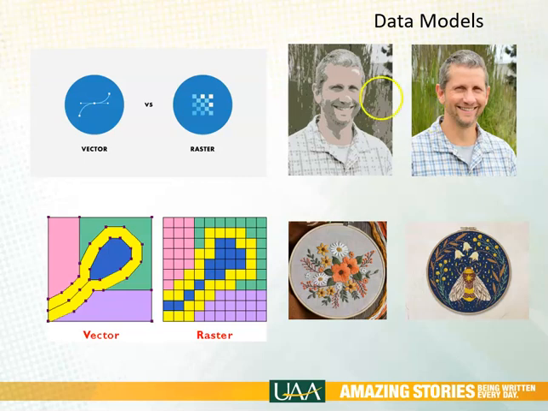Compare that, on the other hand, to a vector data model, which instead of using tiny little pixels, uses areas of color and lines of colors. As seen here in the lower left-hand corner, the raster is composed of all these little squares, whereas the vector is made up of these points, lines, and polygons.